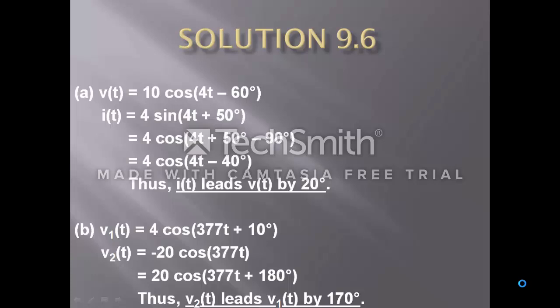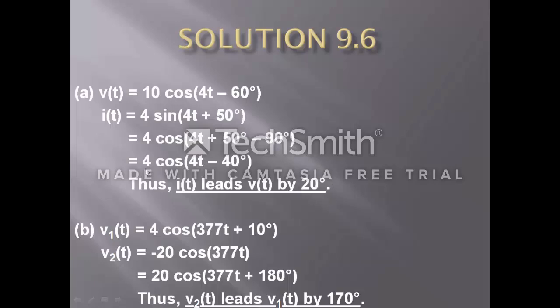Now, as we observed in the fifth question, the phase angle for the first equation is phi1, equal to 60 degrees, and the phase angle for the second equation is phi2, equal to 40 degrees. Calculating the difference between phi1 and phi2, we get 20 degrees. So we can see that i(t) leads v(t) by a phase angle of 20 degrees.